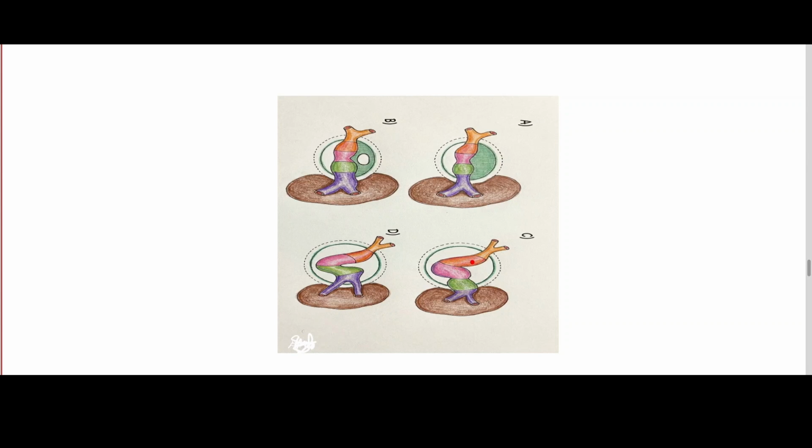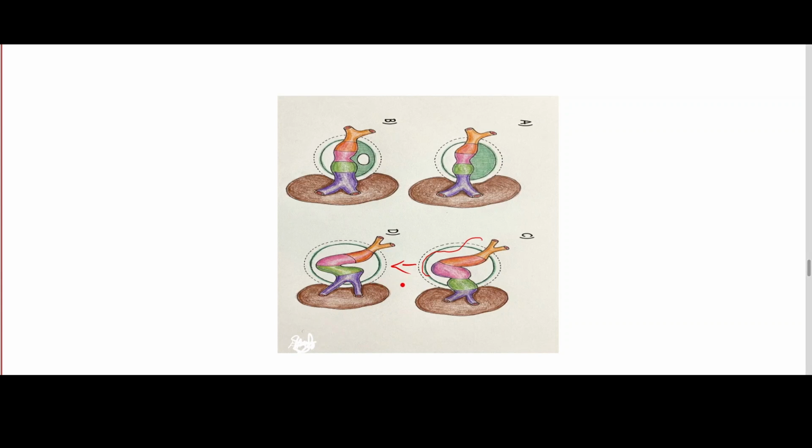Now, the bulbus cordis and the primitive ventricle bend forward and to the right, while the primitive atrium and the sinus venosus move backwards and upwards, as this diagram illustrates.